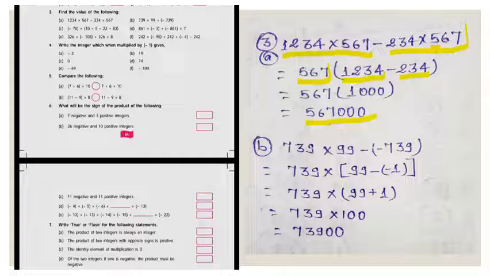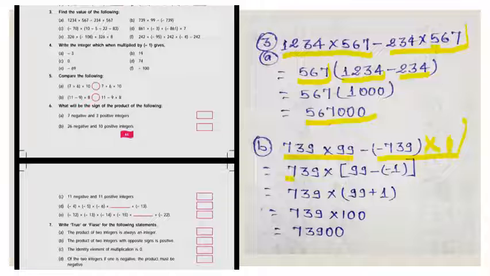You have to apply the same rule in all the given questions by rearranging them or using the distributive property. Like in question B, 739 multiplied by 99 minus 739. As I have told you, 1 is a factor of any number, so you can imagine 1 over here and solve it.